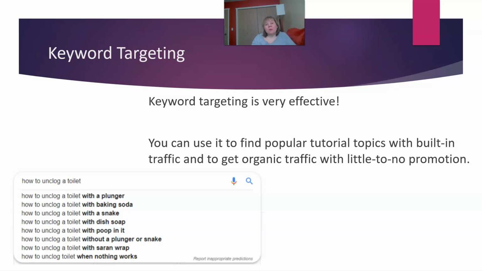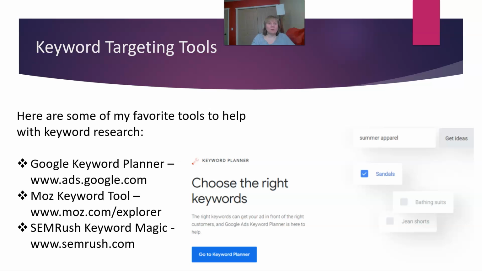That brings us to keyword targeting. Keyword targeting is pretty effective with this because it allows you to find what people are actually looking for. People want to know, for example, how to unclog a toilet, and then they cover different things here. You could do a tutorial on one at a time, or like the five best ways to unclog a toilet, if that's the topic you're focusing on.